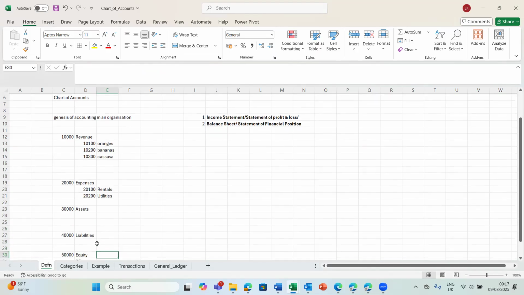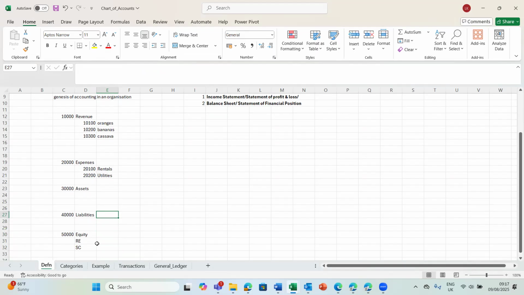And the same with liabilities. You can have current liabilities such as payables, other payables, and short-term loans. You can have non-current liabilities, those long-term loans.